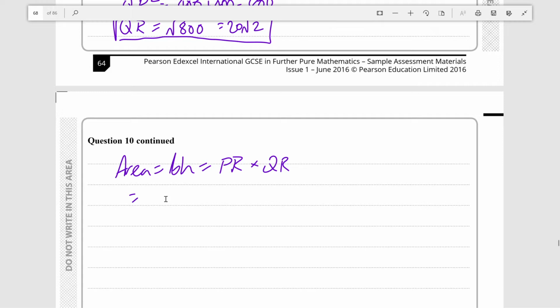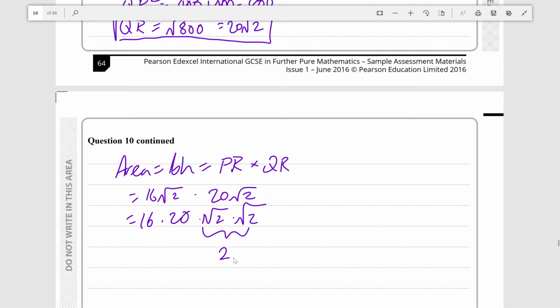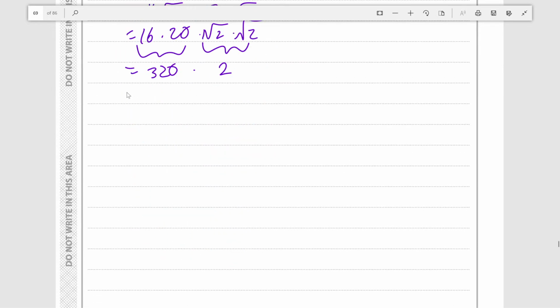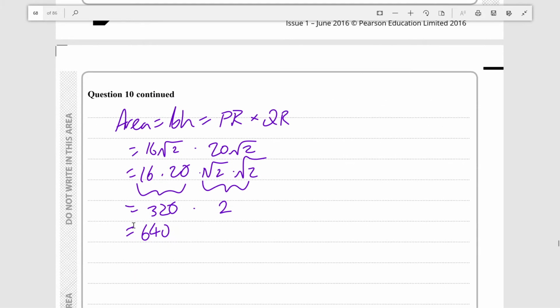This is 16 root 2 times 20 root 2, or 16 times 20 times root 2 times root 2, and of course this becomes just 2, and this becomes 320, or 320 times 2, which is 640. So ultimately the area of this is 640.